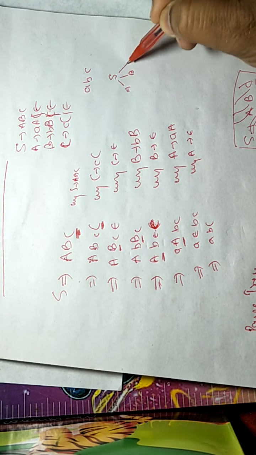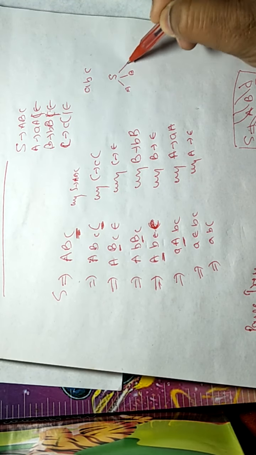Then we replace this B by BB. Then we replace this B by epsilon. Then we replace this A by AA. Then we replace this A by epsilon.